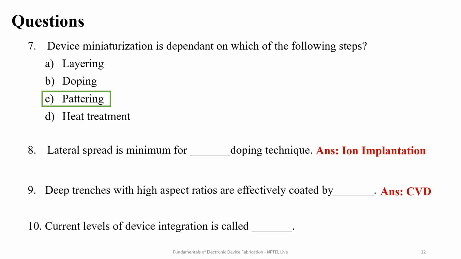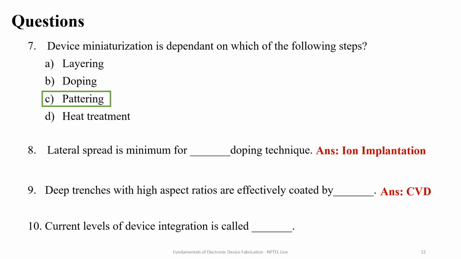So the next question is, the current level of device integration is called dash. The current ones we are using. Anybody? ULSI. Yeah. Can you tell me what is ULSI?